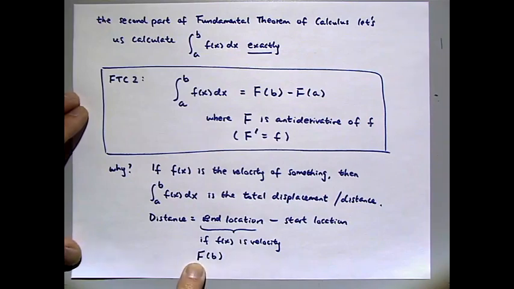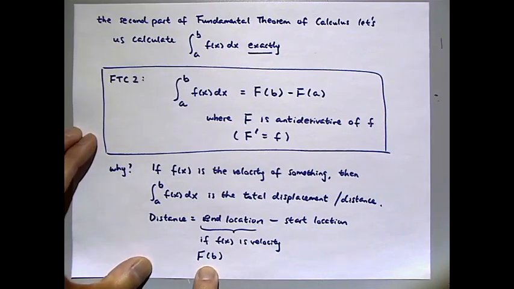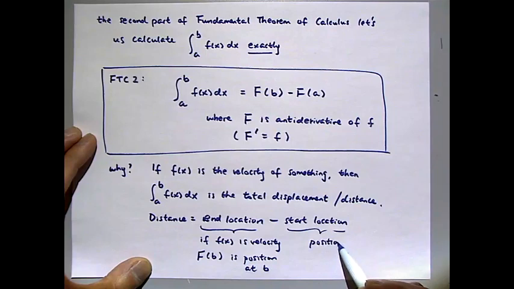So capital F represents undoing one layer of differentiation, giving you back the position. This is the position at B. And this right here is the position at A.